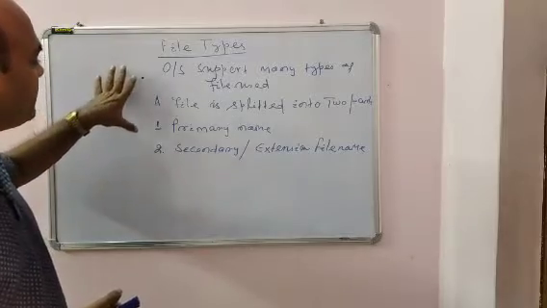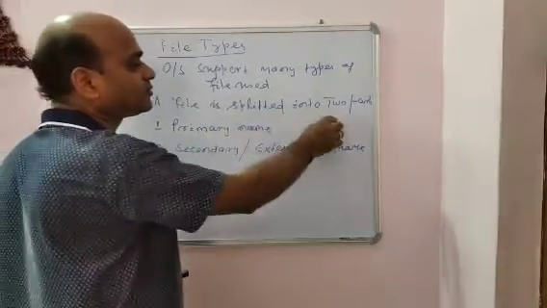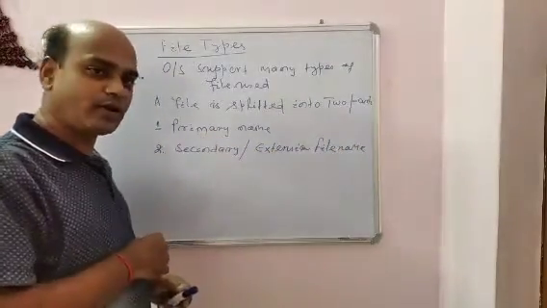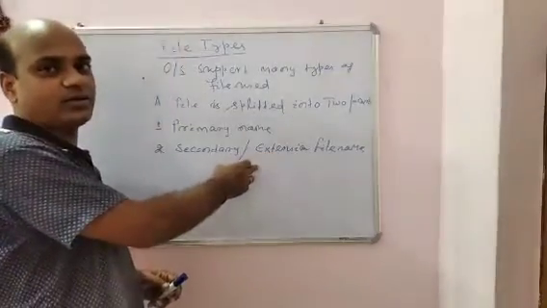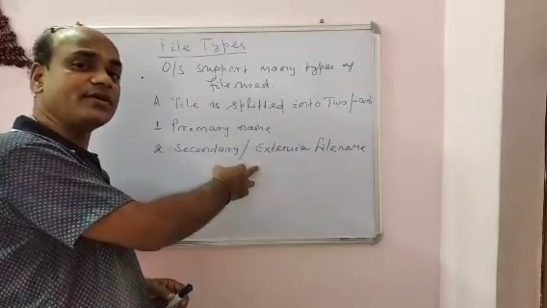So a file is split into two parts: the primary part and the secondary part. The secondary part, the extension, identifies which type of file it is.